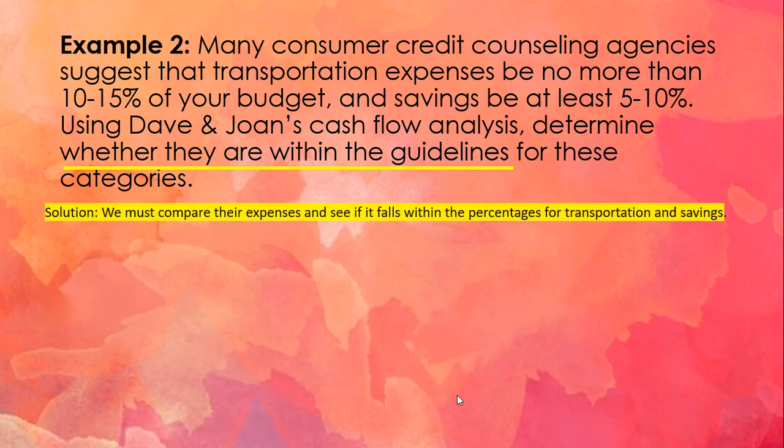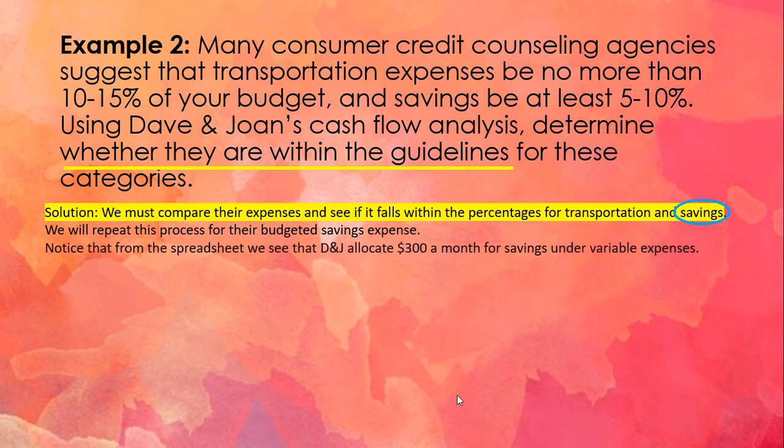Okay. So again, we want to compare their expenses and see if it falls within the percentages for their savings. So let's just repeat this, except it's much shorter now because we don't have as many things to account for. Looking back at that spreadsheet, we see that they're making sure that they put away $300 a month for savings. This is under their variable expenses.